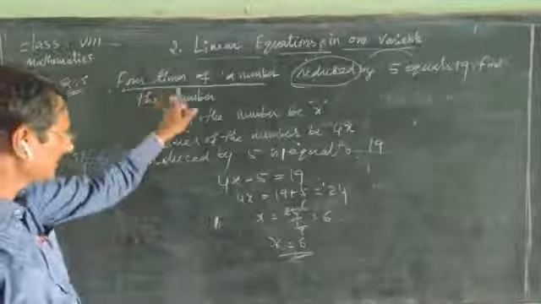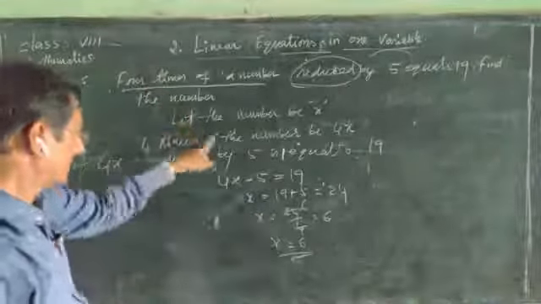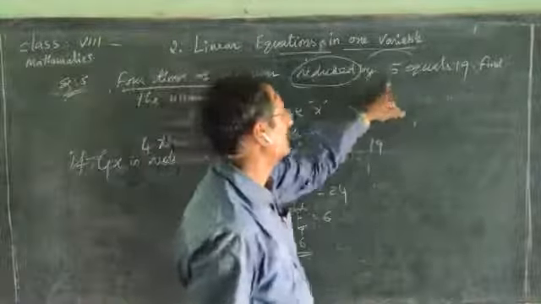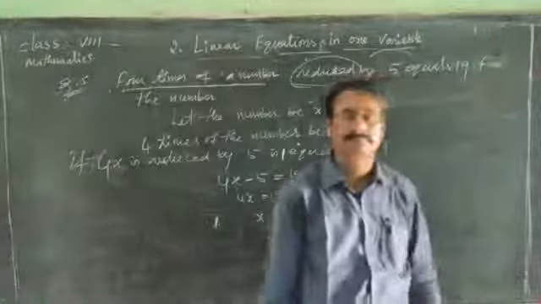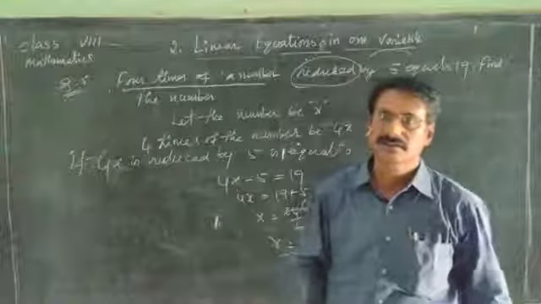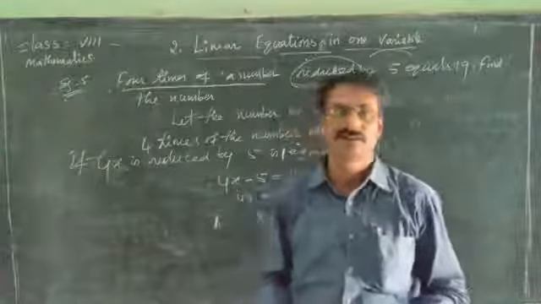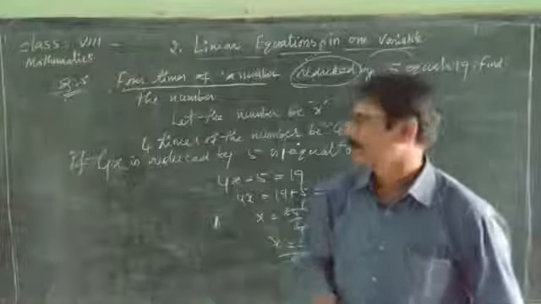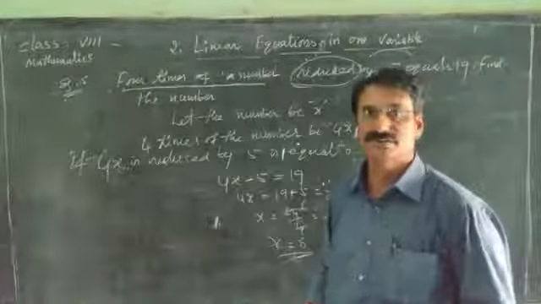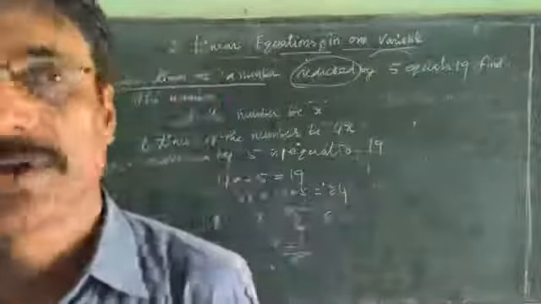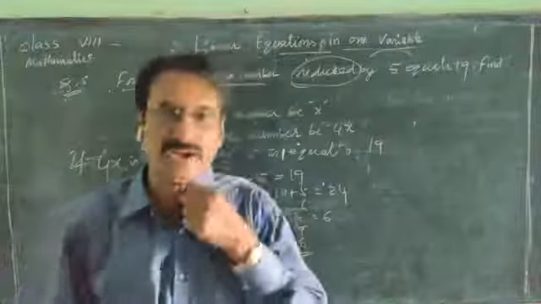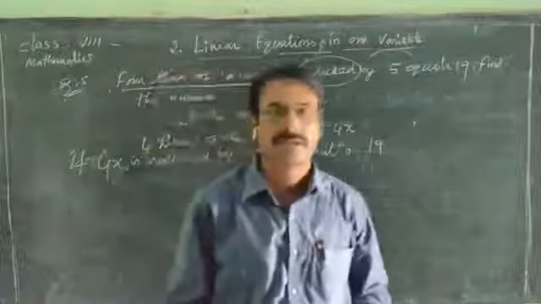Check it. 4 times of 6, 24, minus 5 equal to 19. Do you understand this one? So we can solve this type of situational sums with the help of equations. Okay? Tomorrow we are going to observe another exercise.